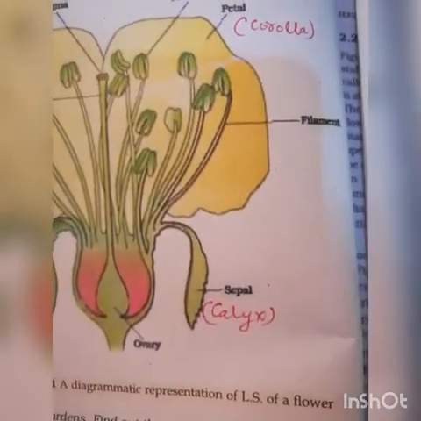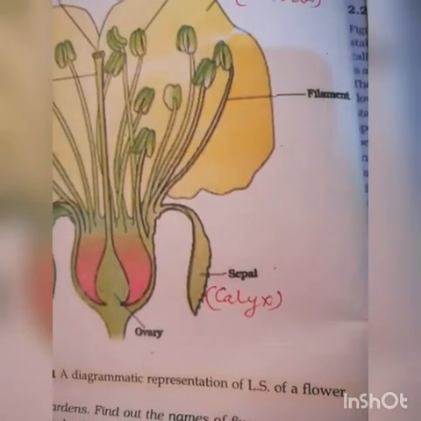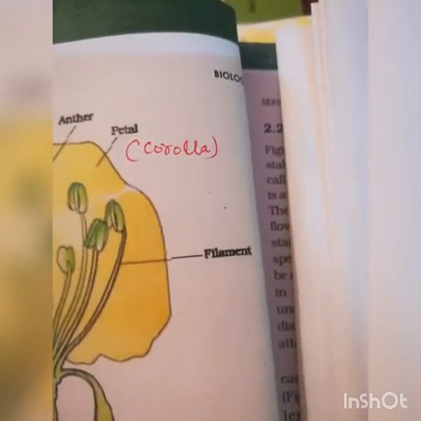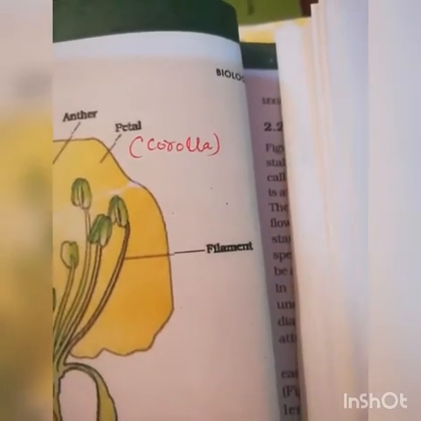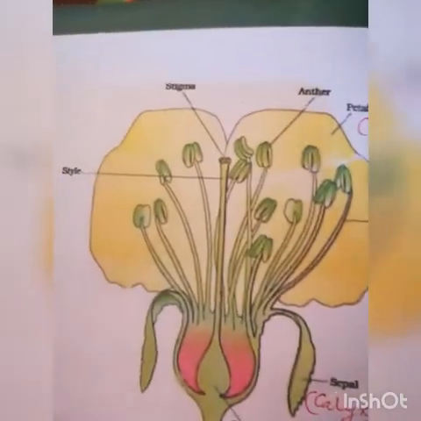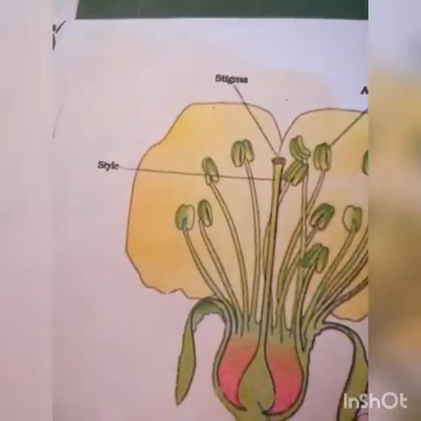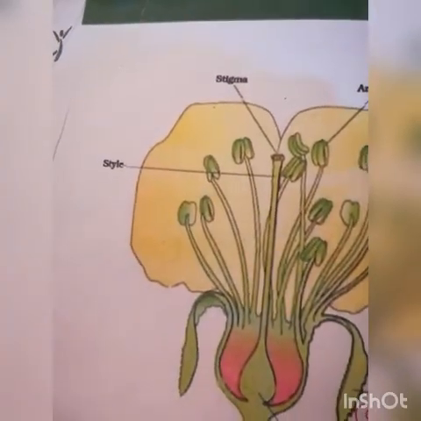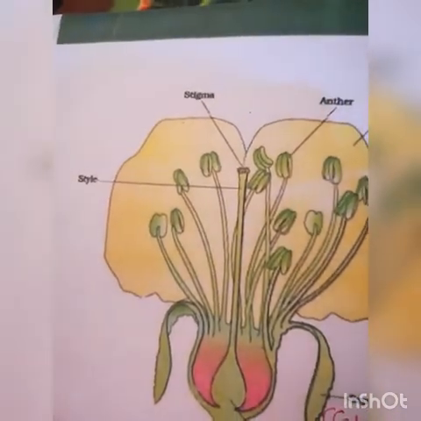Here you can see sepals or calyx, first layer. Second, petals or corolla, and third one, stamens.